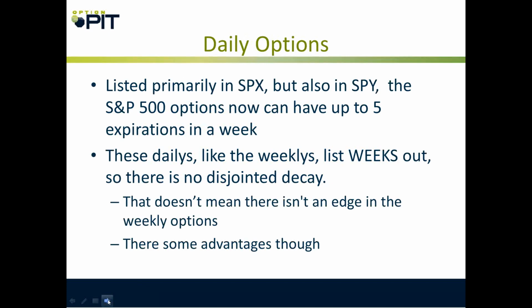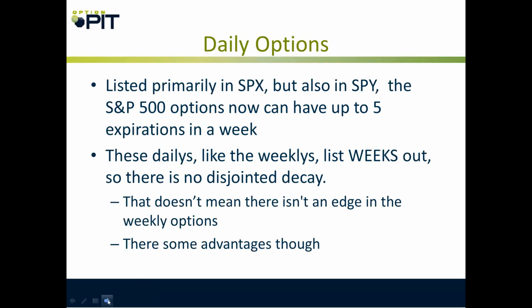So now let's talk about daily options. Daily options are actually weeklies. All right. But what's going on is that in SPX and SPY, S&P 500 options can now have up to 5 expirations in a week, if things land the right way.